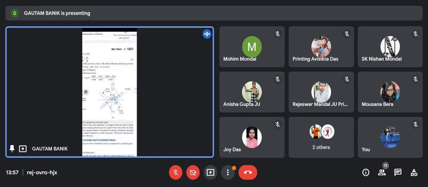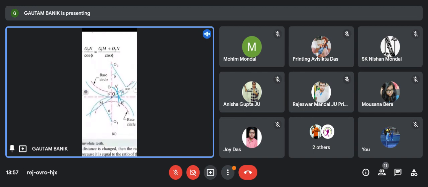Here are two meshing gears with involute teeth, showing the pressure angle, the pitch point of the two circles, and the normal to the common tangent at Q. Now we'll draw this figure, and we'll get another circle, that is the common tangent.